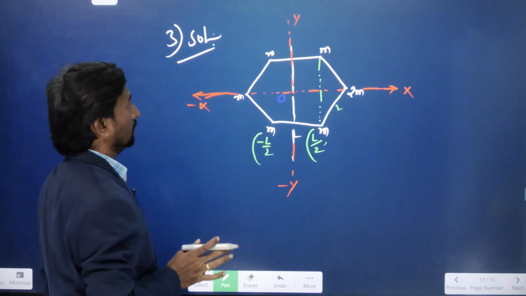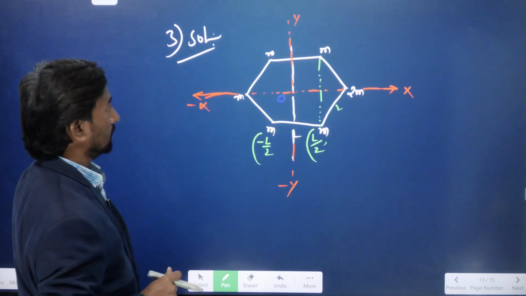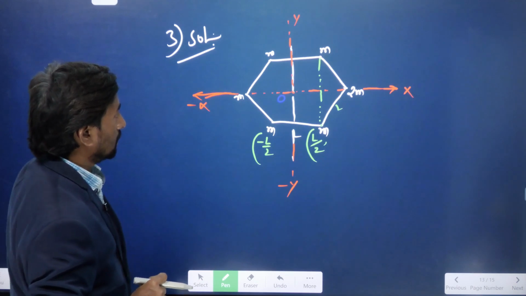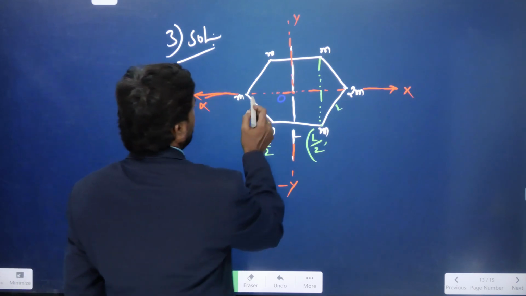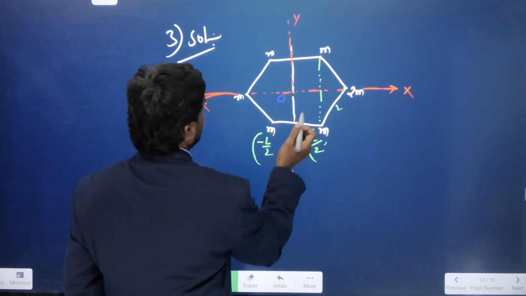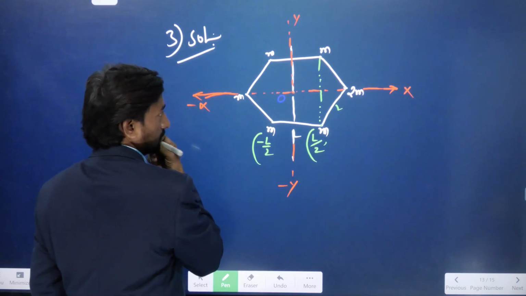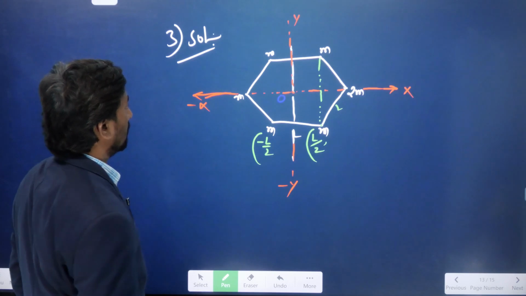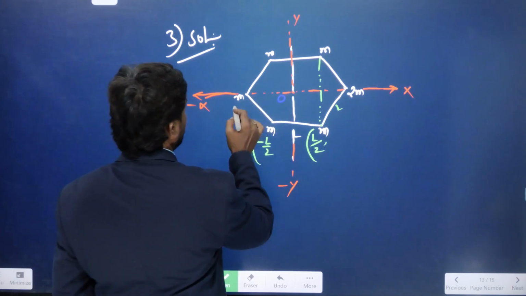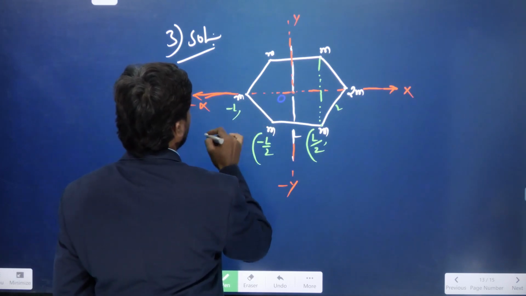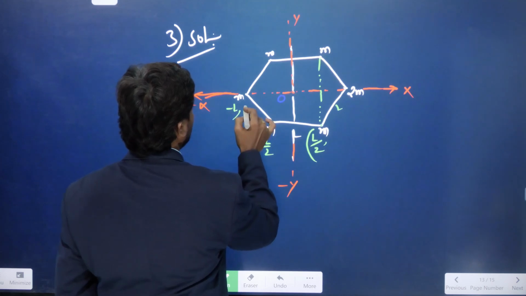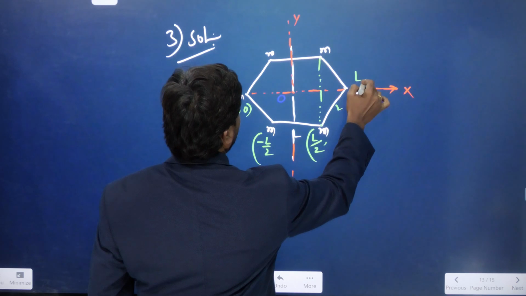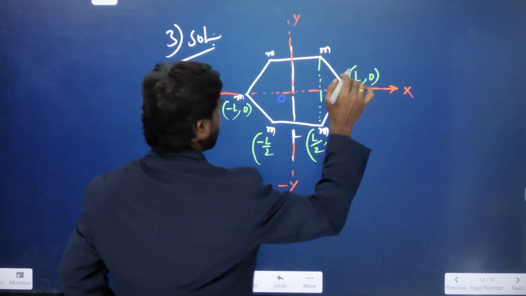First we will write x coordinates. Then this will become the diagonal of the hexagon. It will be 2 times the side, no? So, we can write this distance is L. So, minus L comma 0, and this one is plus L comma 0, coordinates of this particle.